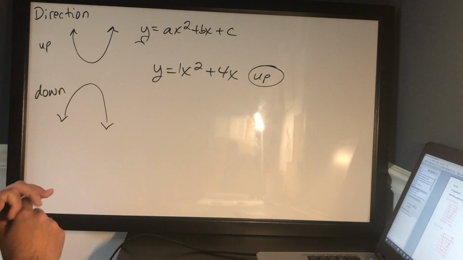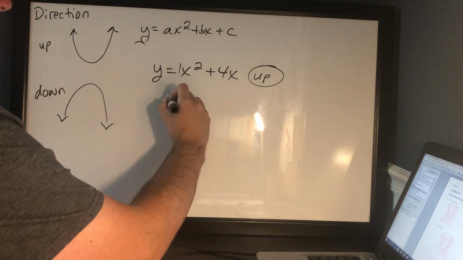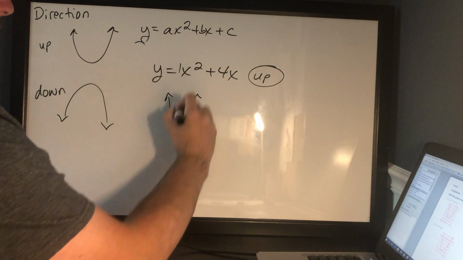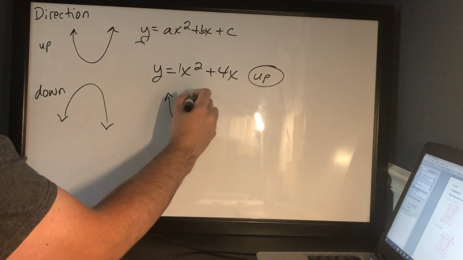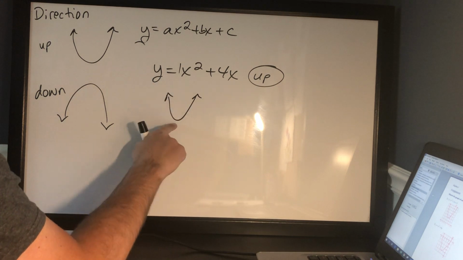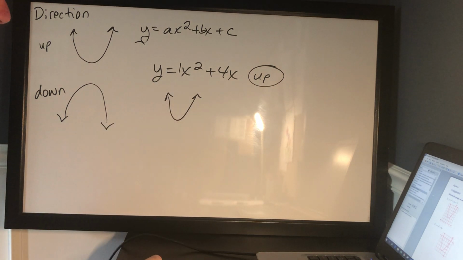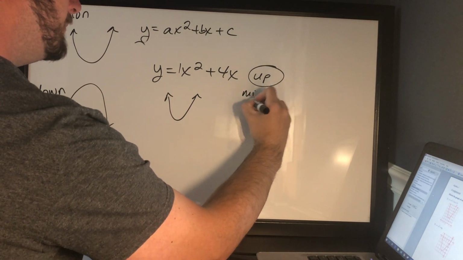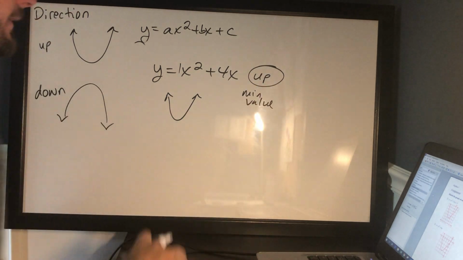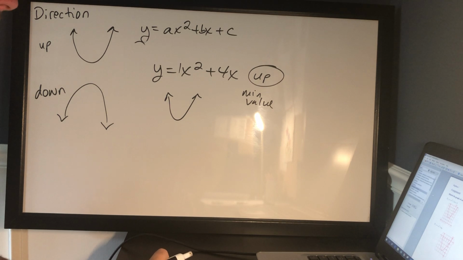And this one would have a minimum value, because if it opens upward, here's the low point. All the other values for y, for your output, are going to be more than that low point. Okay? So if it opens up, remember it's going to have a minimum value. Okay? And if it opens down, it has what's called a maximum value.